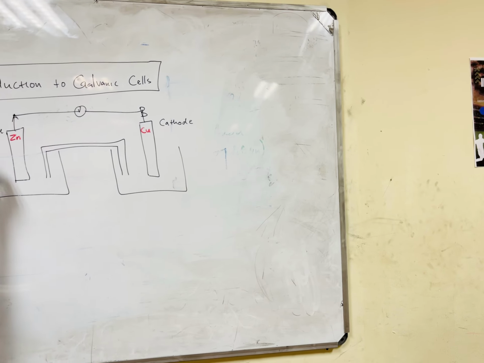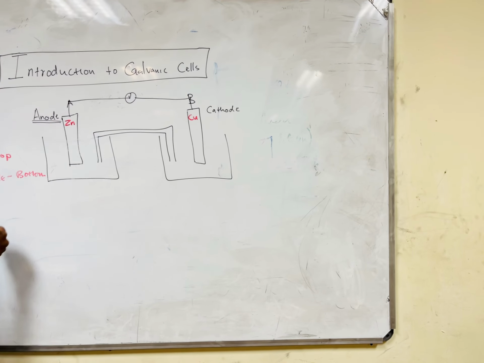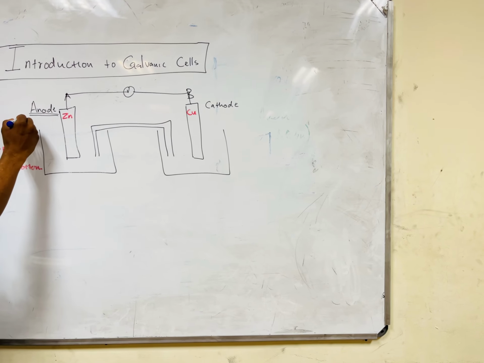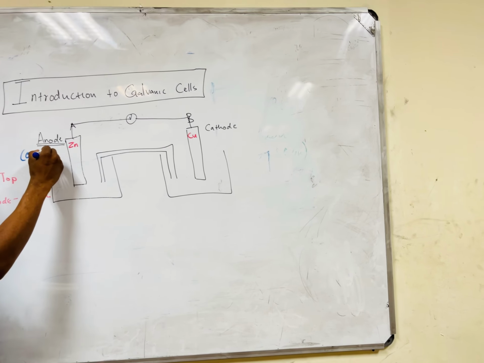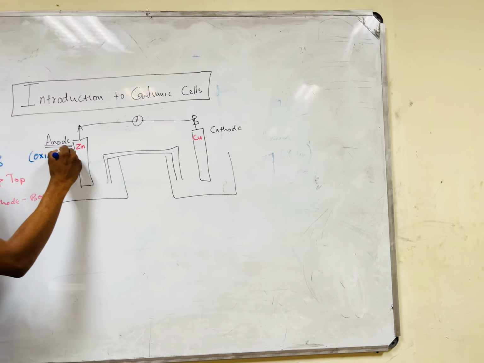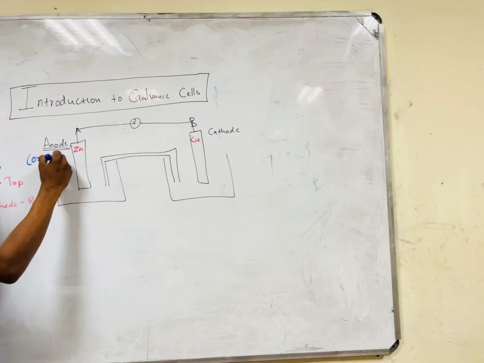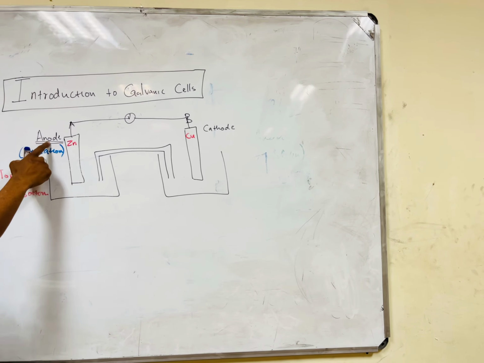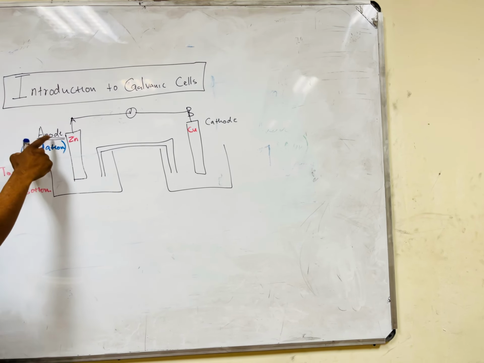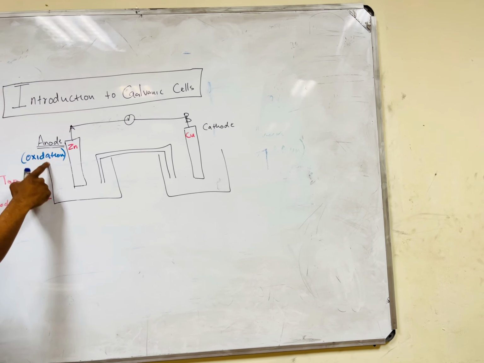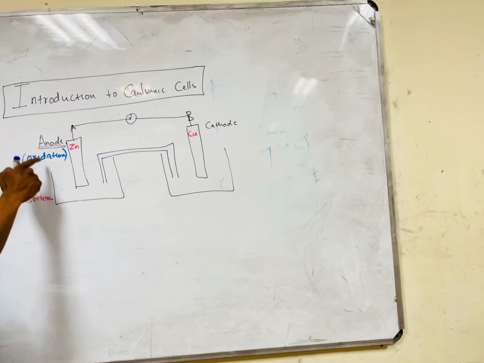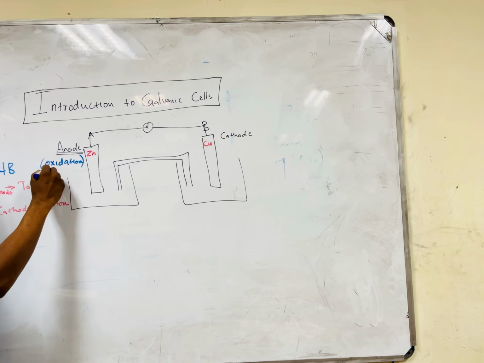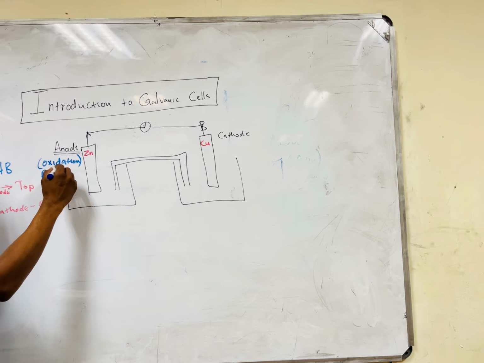If zinc is the anode, it means that zinc undergoes oxidation. The oxidation takes place at the anode. And if zinc undergoes oxidation, it means that zinc is a reducing agent.